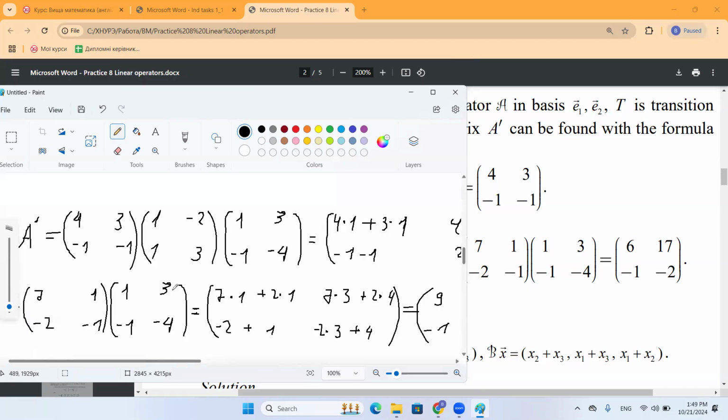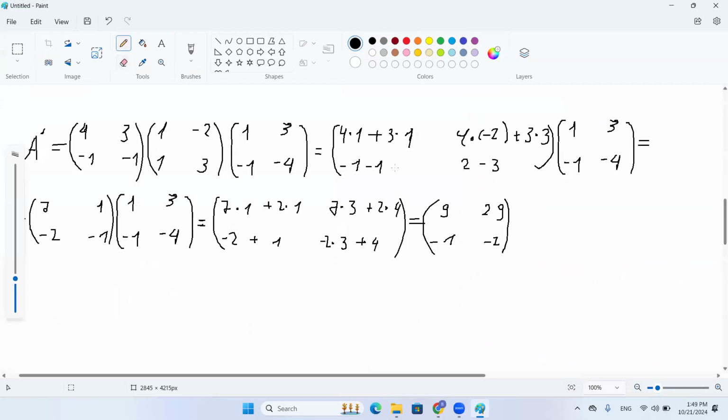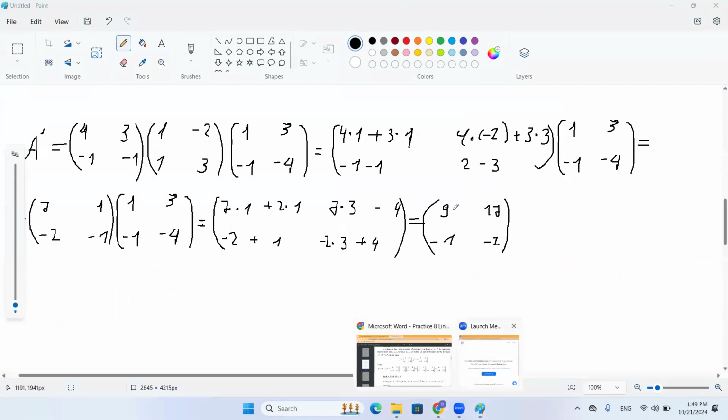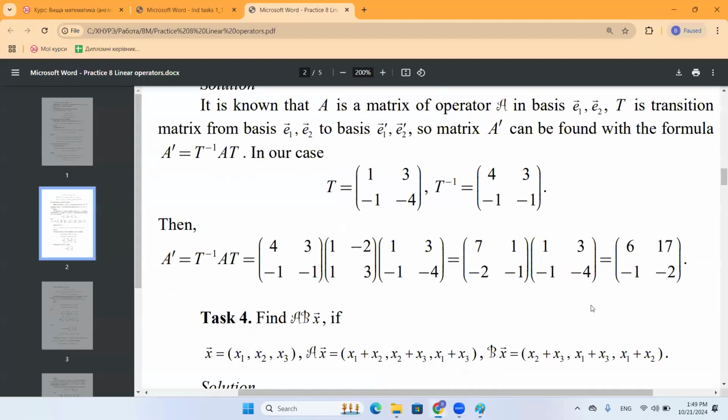So 21 minus 4. So 21 minus 4, 17. So 9, 17, minus 1, minus 2.